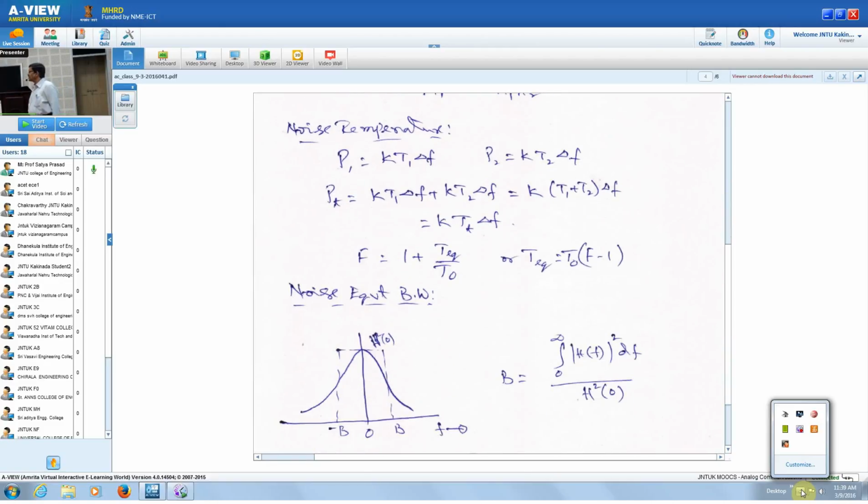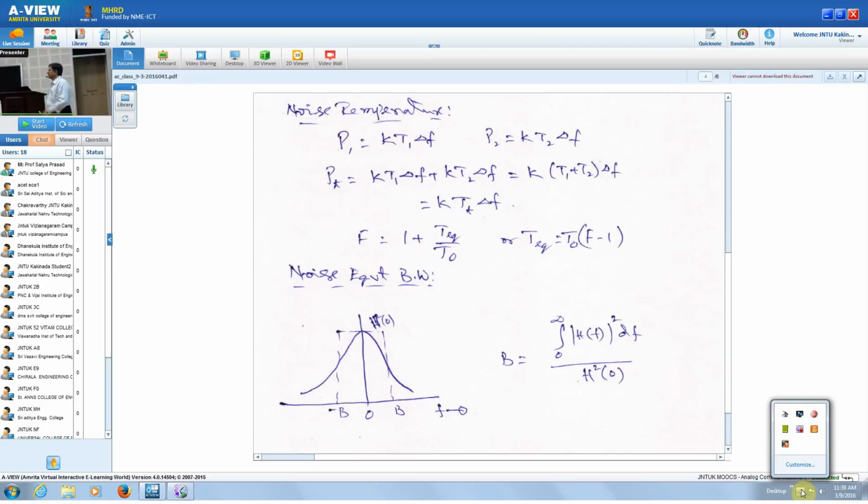Noise figure, we have put it as the signal noise ratio at the input divided by the signal noise ratio at the output. The variations may not be that much compared to putting this into the noise temperature. As the noise performance gets poorer, the noise temperature also will have a larger value.